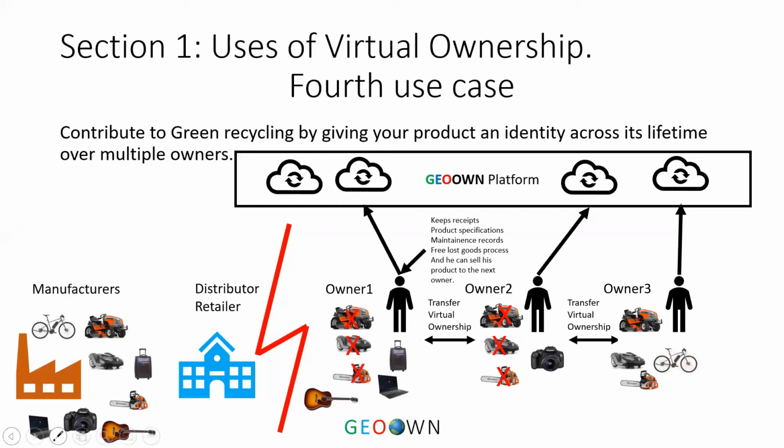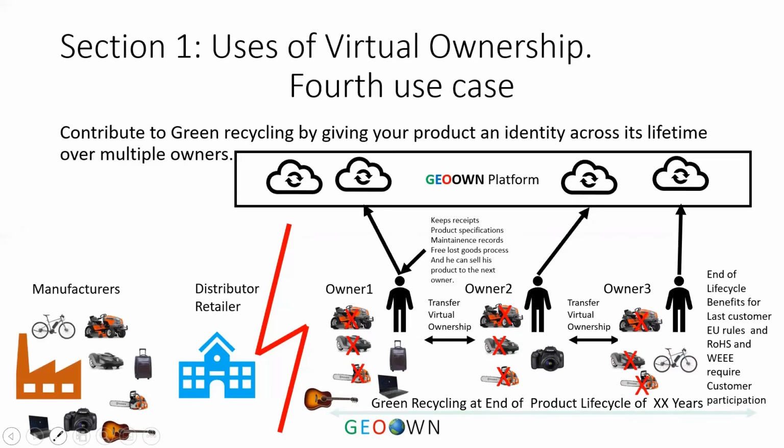After using the product for a number of years, the third owner can scrap the product at the end of the life cycle and get residual value for recycling, similar to the value we get today for recycling plastic bottles. Rules like RoHS and WEEE make it mandatory for a manufacturer to be responsible for recycling his products.